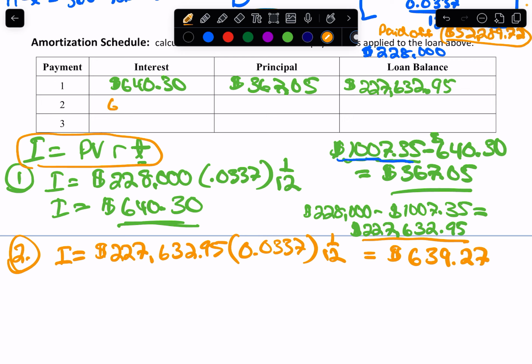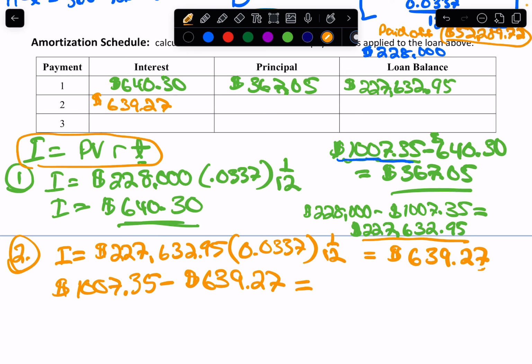That again is the interest we're paying. Now, the principal. Every month we are paying $1,007.35, but the amount of interest from this $1,007.35 is going to be different, and the principal is going to be different every single month. So for this month, it's going to be $368.08.